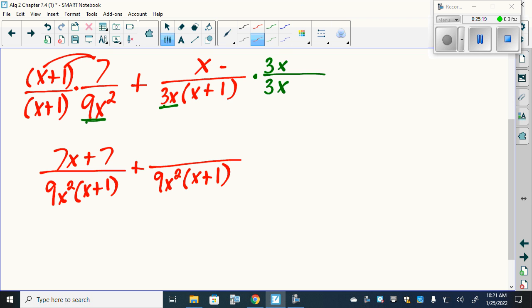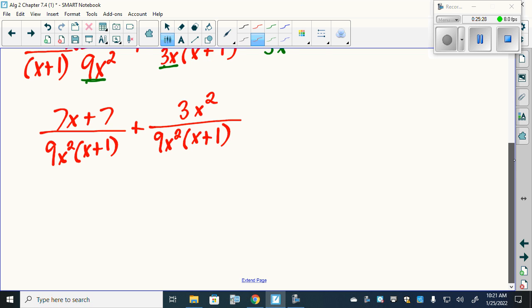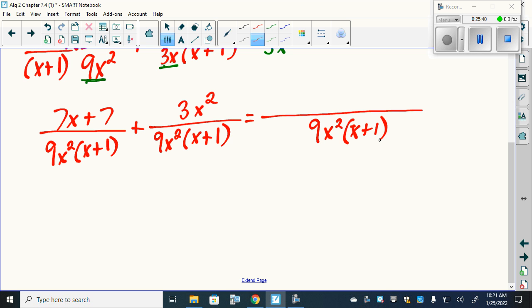Over here, we have x times 3x, which is 3x squared. And last but not least, we can add the numerators because the denominators are the same. So we'll have 3x squared plus 7x plus 7.